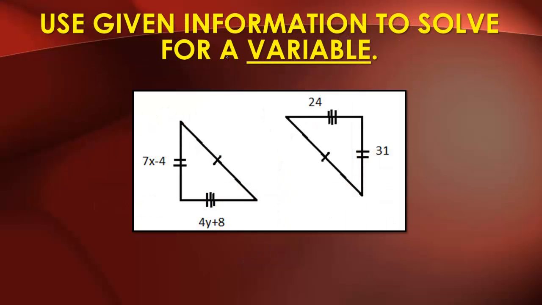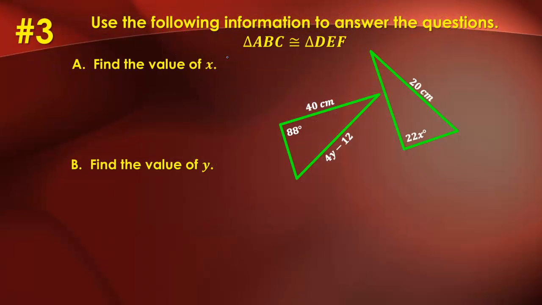All right, so now we're going to use information to solve for a variable. We are given that these triangles are congruent, ABC is congruent to DEF, and I want to find the value of x.